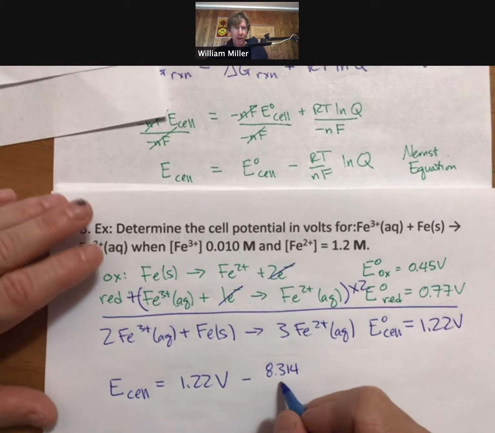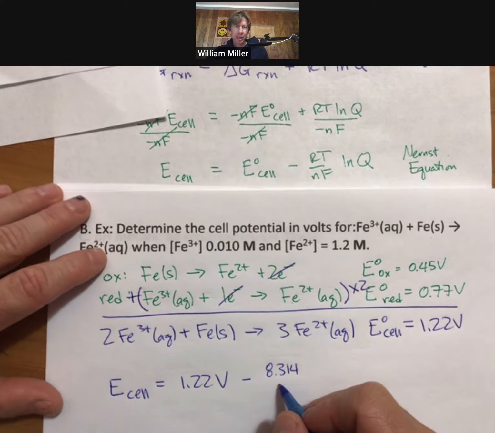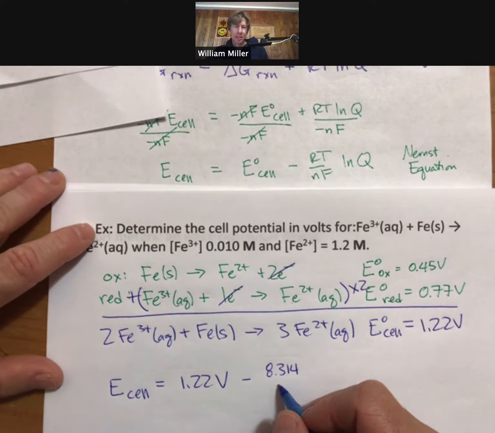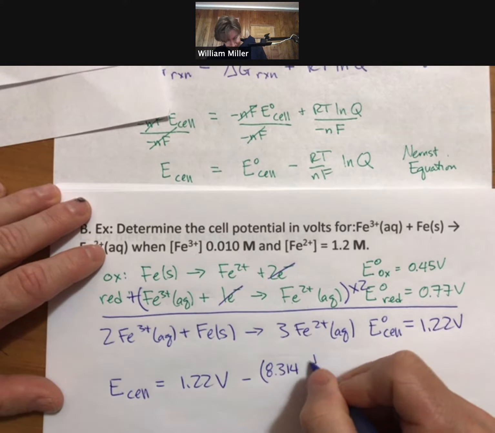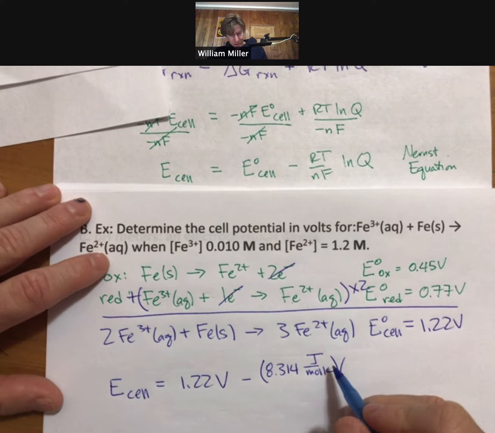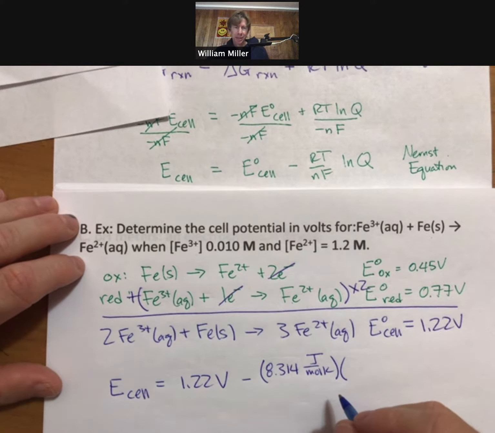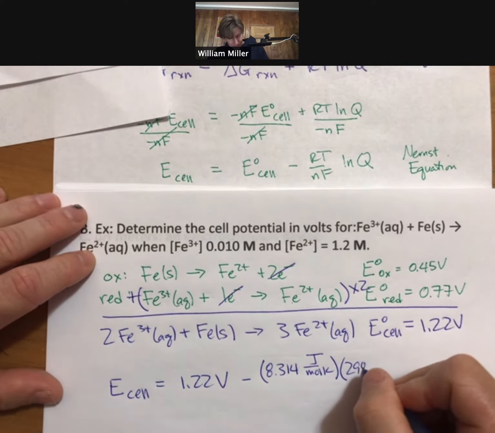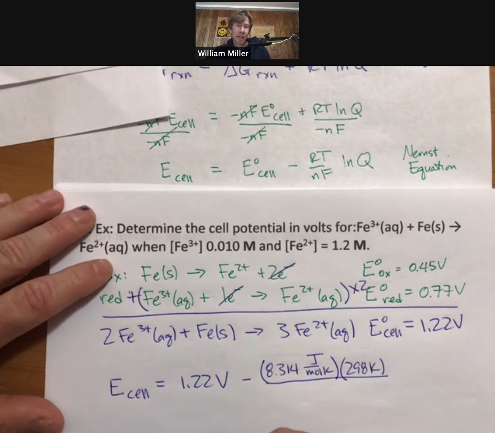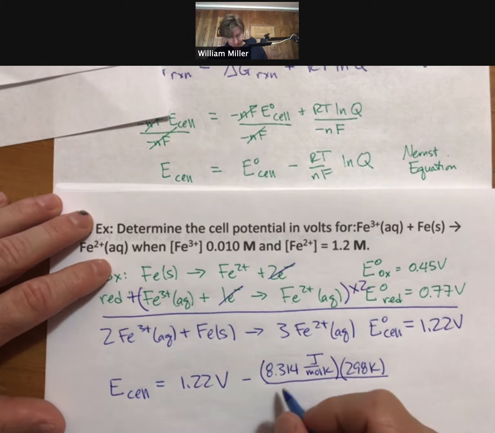And remember, R is only ever the other value, the 0.08206, if we're talking about using the ideal gas law. Our temperature, while not given, may be assumed to be 298, room temperature, or standard temperature, close to room temperature.